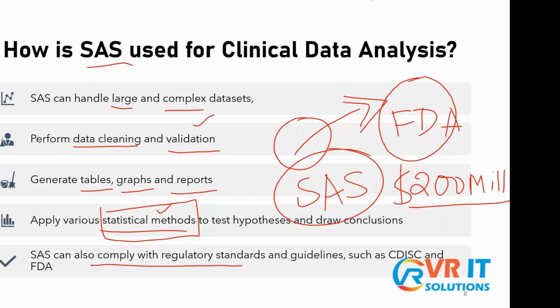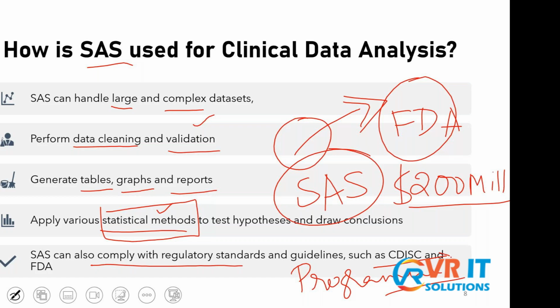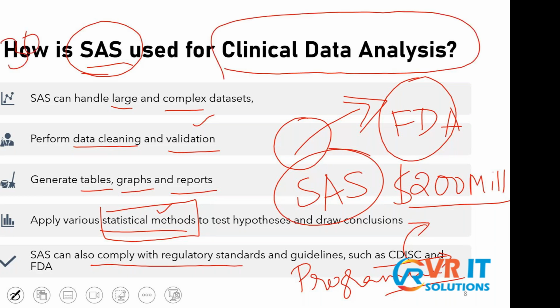So they need good programmers, knowledgeable programmers, logical programmers, who feel responsible about the data, and who can apply the powerful statistical tools as well, right? So with all of these factors, SAS has been number one in clinical trial data analysis for 30 years, and it will be there in future as well.